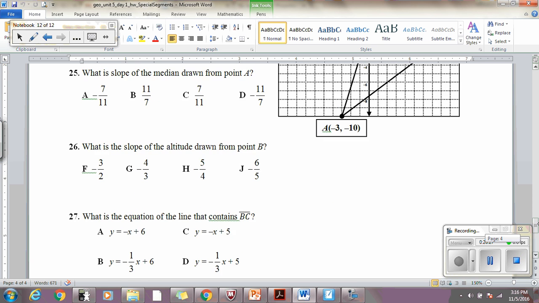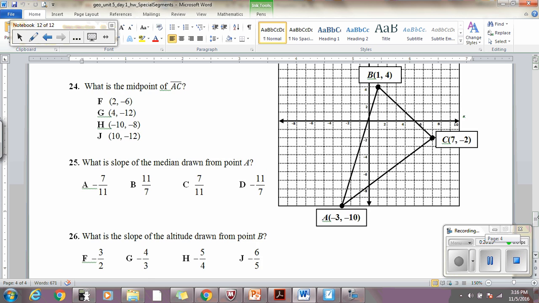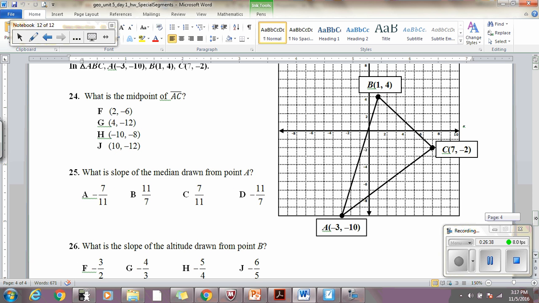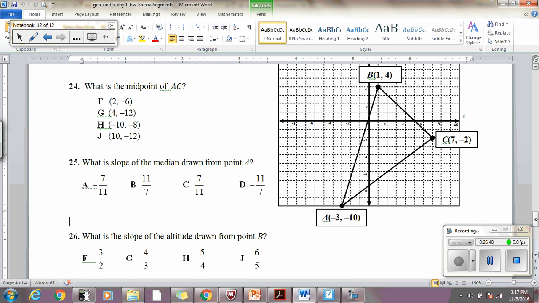So let's find the slope of AB, which I could have sworn we've done already, but maybe not. So let's calculate the slope.